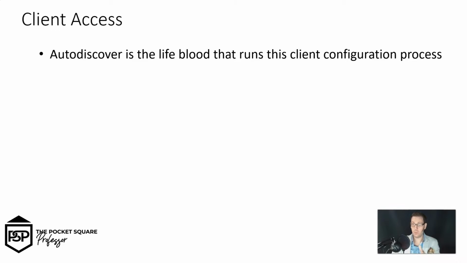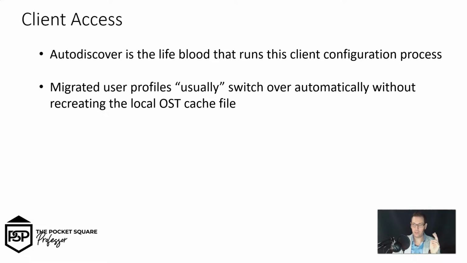In this instance, we went directly to Exchange Online, but if we were on-premise, we would be hitting on-premise endpoints. After I've been migrated, I would connect back to the server, and the server would say, you're no longer here, here's where you need to connect, and it would redirect you to the Exchange Online web service URLs. You would connect up there, and your mailbox will switch over.